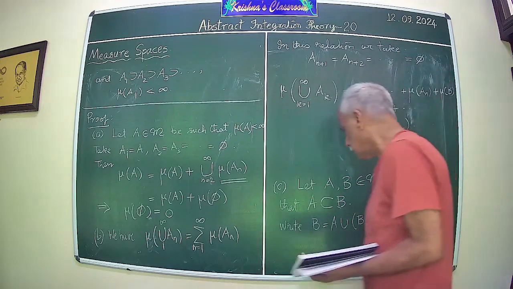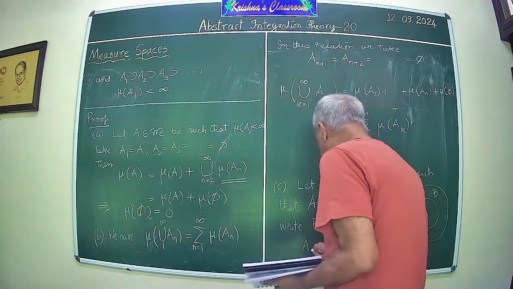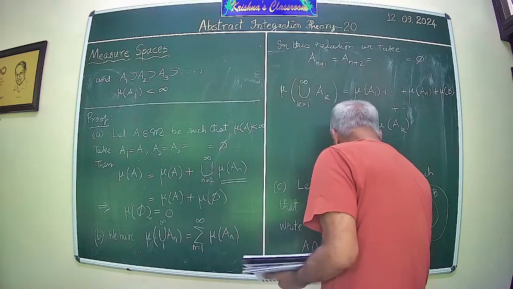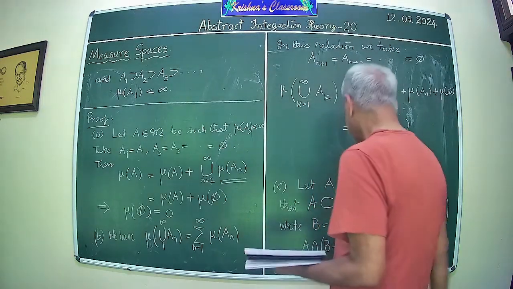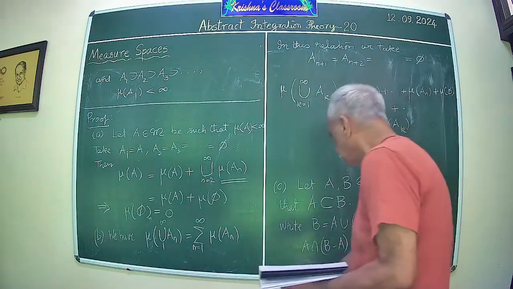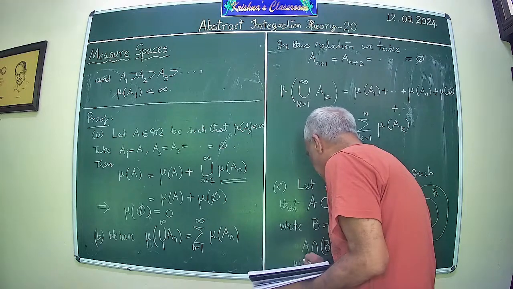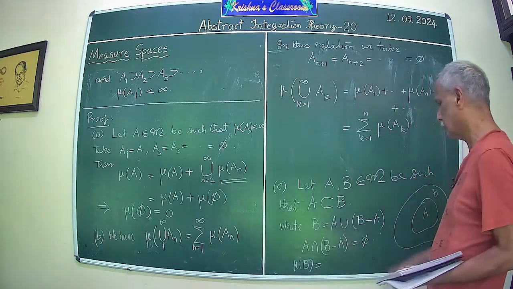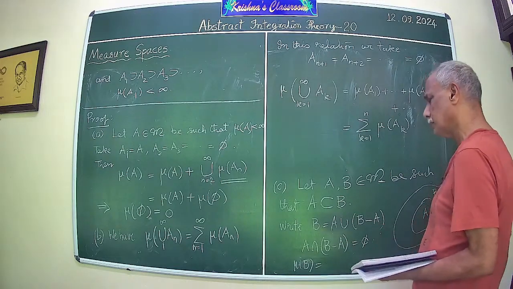Now clearly A intersection (B minus A) is empty. Therefore you have mu of B, and B minus A is also measurable.